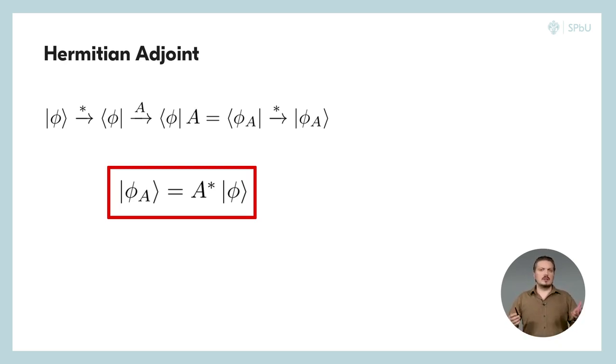First, we can easily prove that it's linear. Second, it is defined by the operator A alone. So there must be a way of constructing A star from A for any linear operator A.